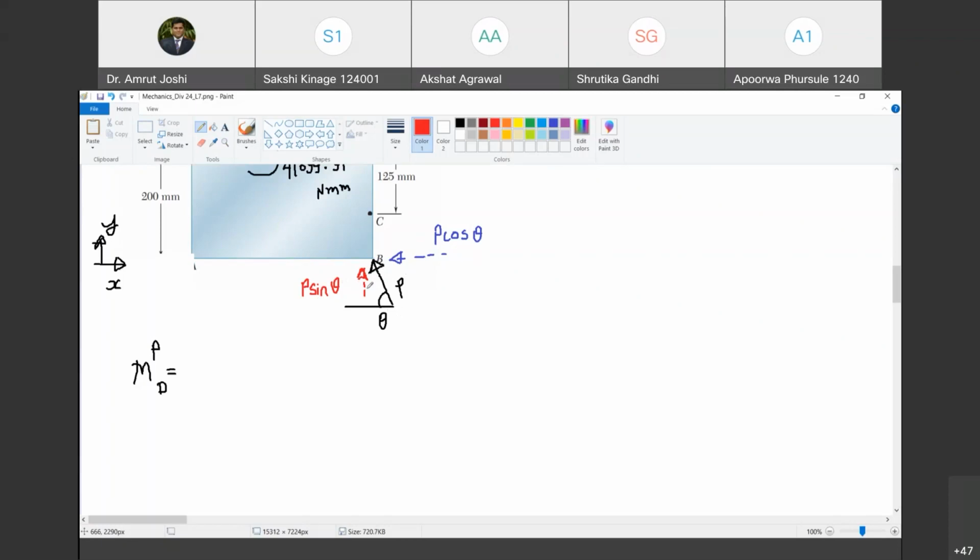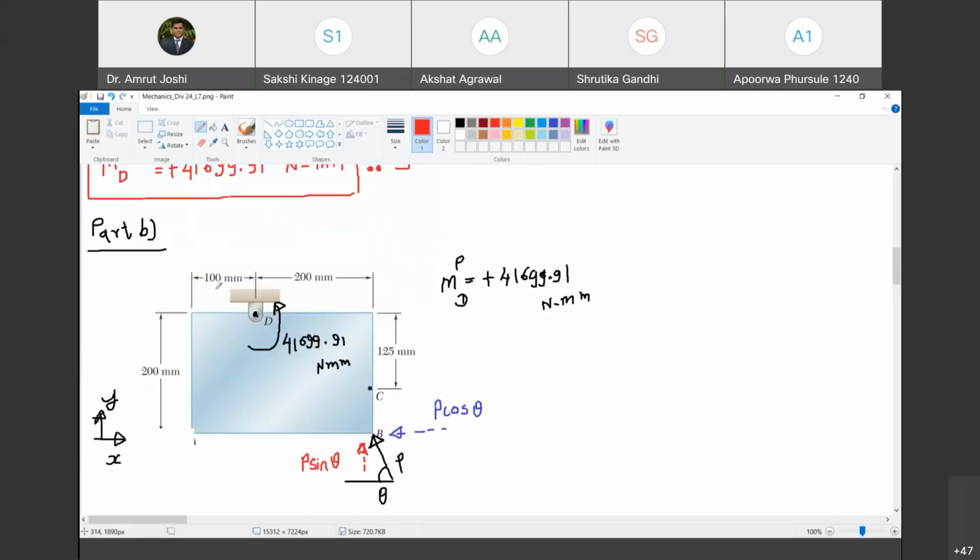Happy? Yes, sir. Okay. Now, can you tell me what is the moment of P cos theta about D? Is it clockwise or anti-clockwise? It's anti-clockwise. Yes, because I am holding the body at D and I am looking at the moment produced by P cos theta. It is clockwise.